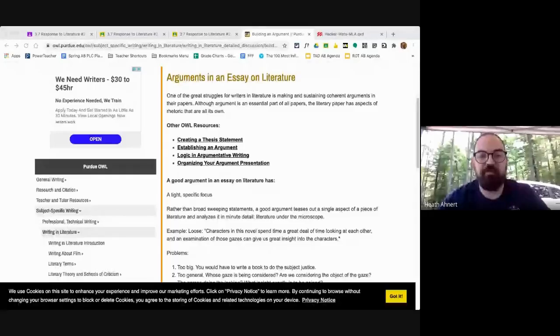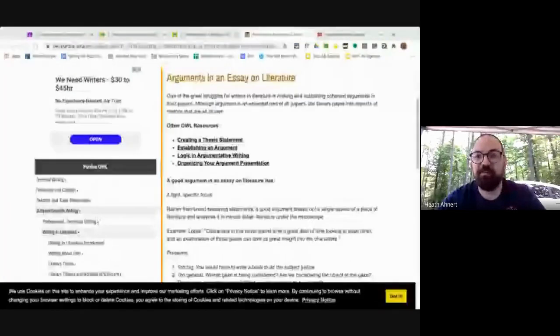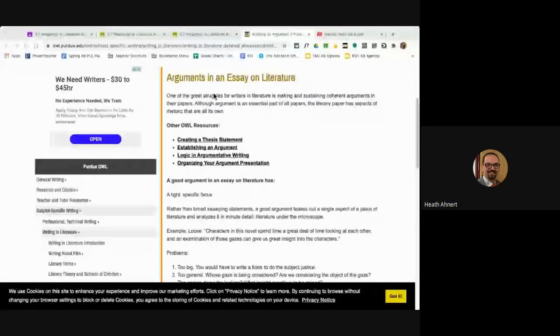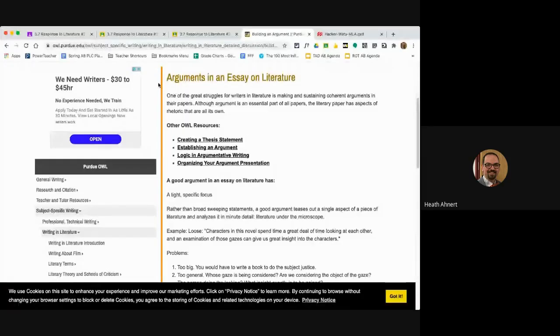So this is from the Purdue Owl, which I present to you at the beginning of class as a replacement for my own instruction, because it would take me a lot of work to write all these handouts.